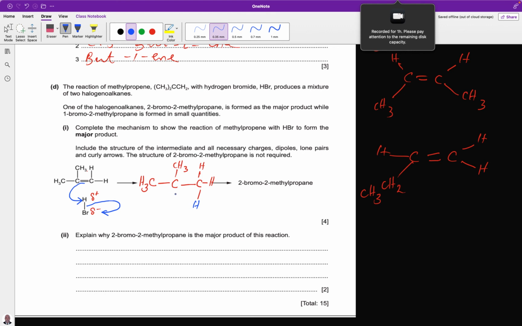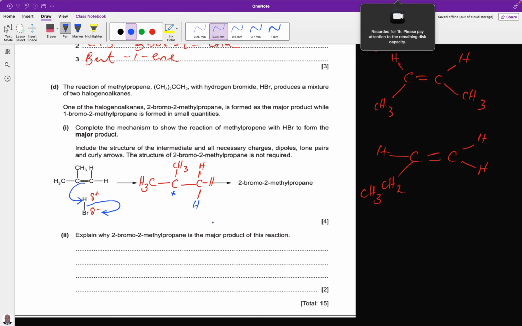A carbocation is being formed here. There is a carbocation there. Explain why 2-bromo-2-methylpropane is the major product.